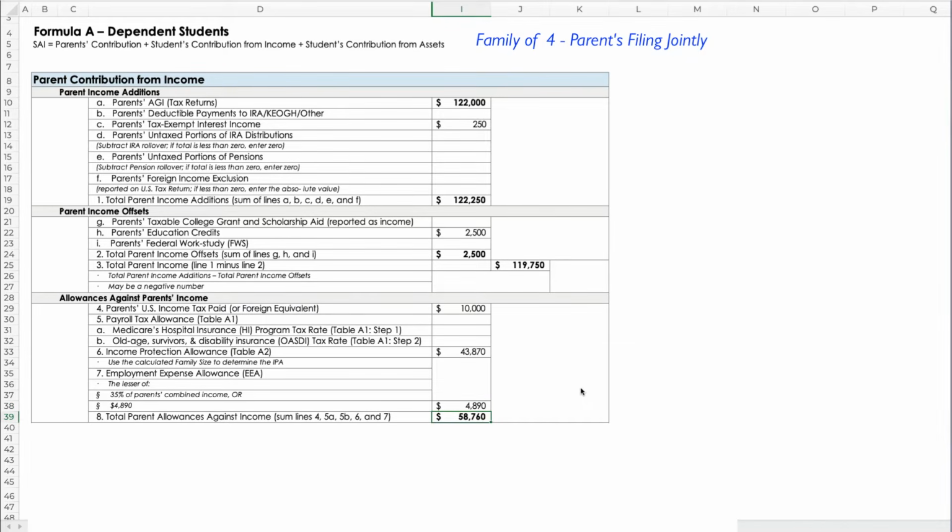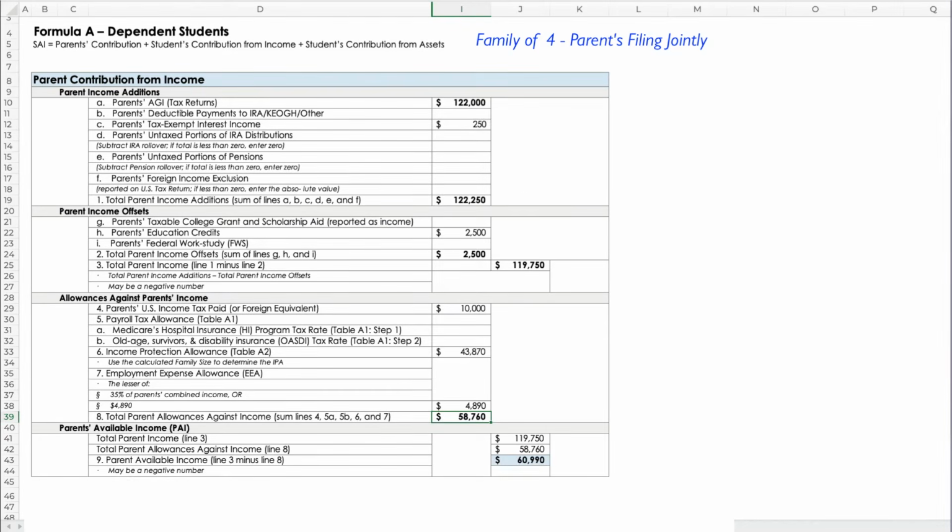So in our case, the total allowances for our parents amounted to $58,760, which we subtract from the $119,750 in total parent income. This results in a parent available income of $60,990. But we're not done yet.